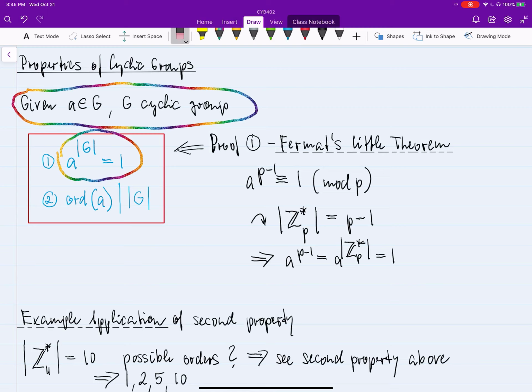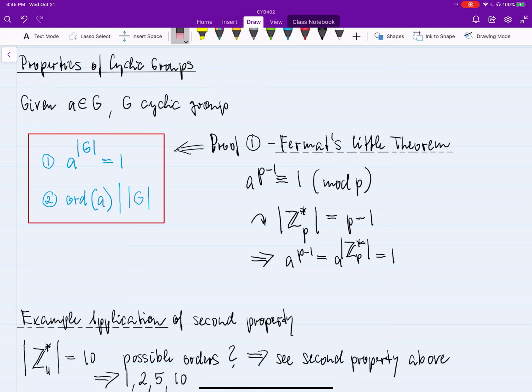In fact, this property may lead you to the wrong impression that in such a group, any a is a generator. And this is not true. This first property means that it's fulfilled for every element.